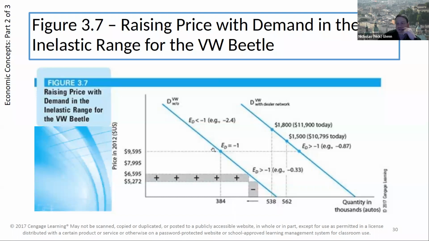So here's an example. You had a demand shift. Previously, the elasticity here, like for this Beetle, VW, at $9,500 for each one. This is in 2012. The quantities are in thousands of autos sold. Is it unit elastic? Okay.